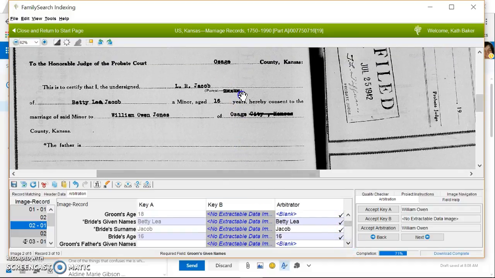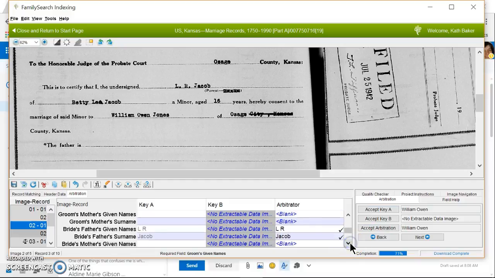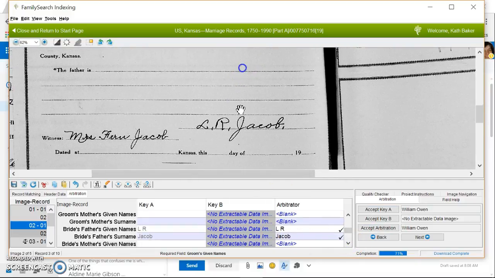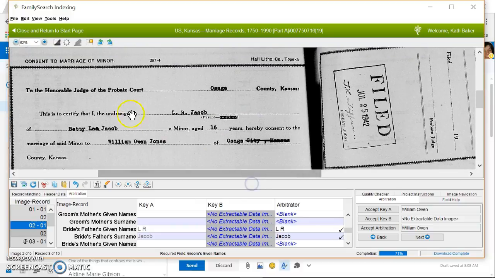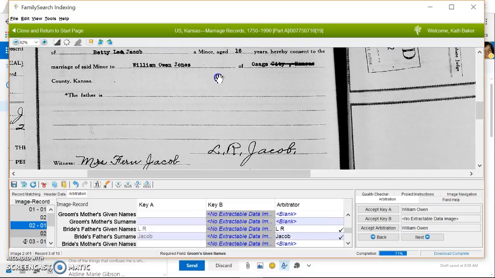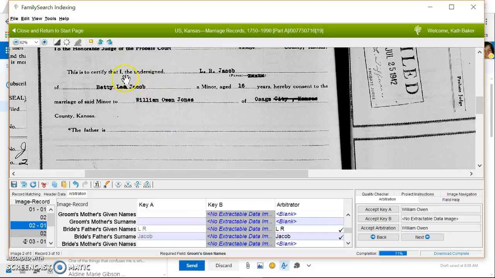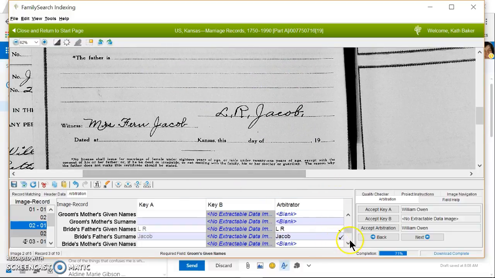And Betty Lee is 16, and so it is written. The father is there verifying. Now we might assume Fern Jacob is the mom, but we can't put it in here because we don't assume on indexing.